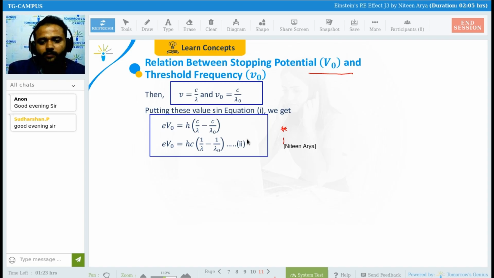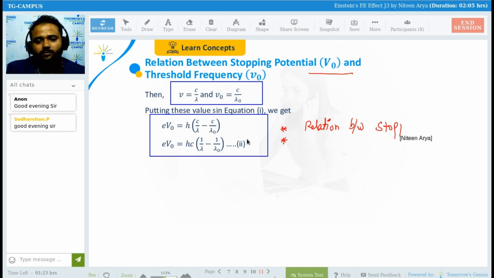You can see the important relation: the relation between stopping potential V naught and lambda and lambda naught.